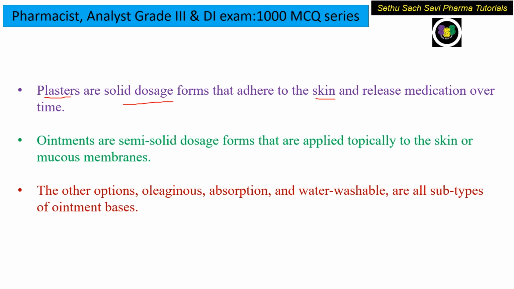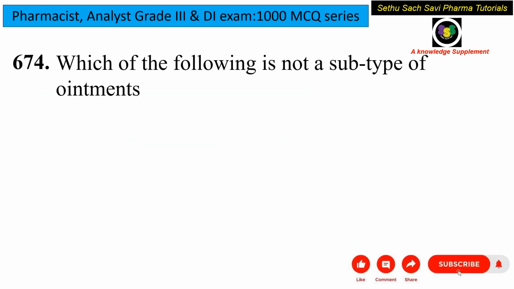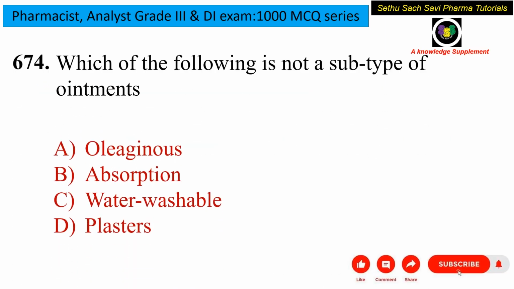But ointments are a semi-solid dosage form, mainly applied topically or to the mucous membranes. The other options, oleaginous, absorption or water soluble, are all types of ointment bases. But plasters are a solid dosage form. So the answer for this question: it is not a subtype of ointment, it is plasters.